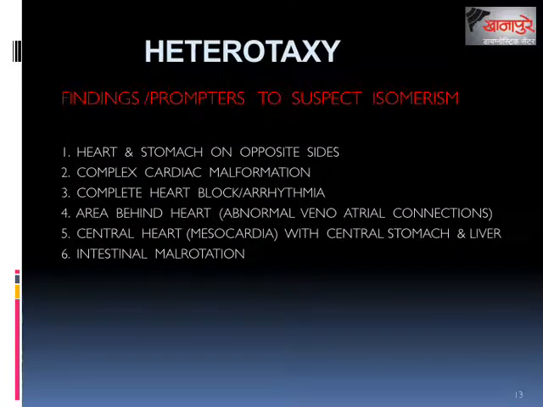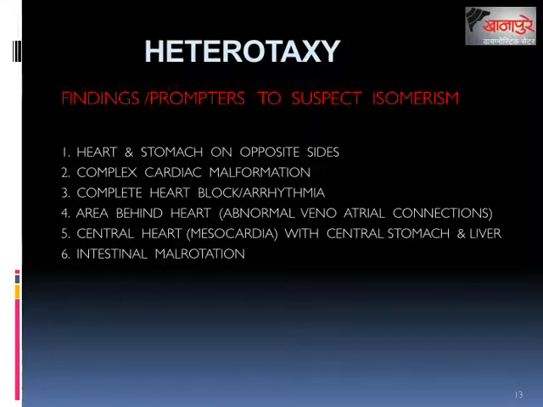Now the question arises, are there any findings or prompters which can make us suspect isomerism? My answer is yes. These prompters are shown in the slide. We will see them one by one. Heart and stomach on opposite sides. Complex cardiac malformation.